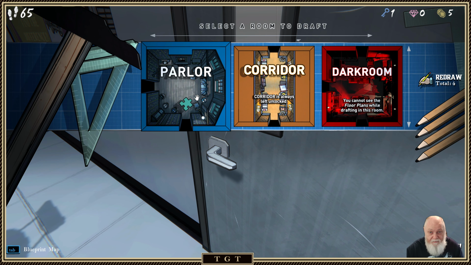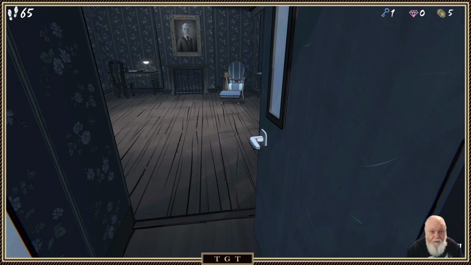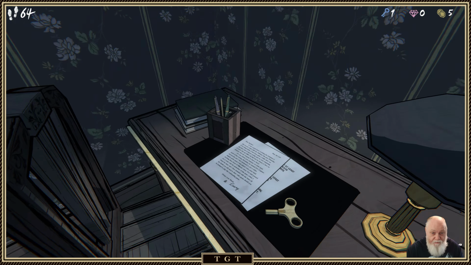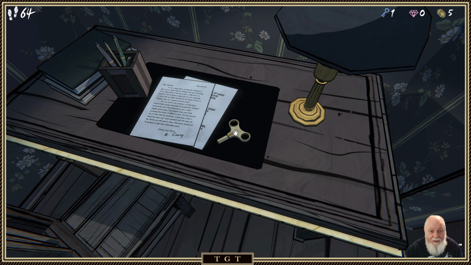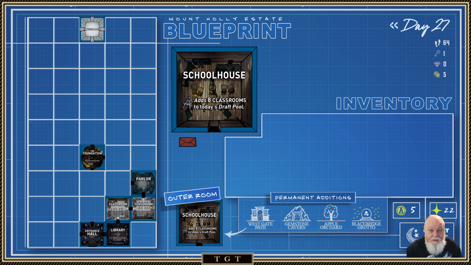Definitely need a parlor, because I definitely need more gems. Every classroom is going to cost me a gem right now unless I do something special. See, I was not able to do the hovel and the schoolhouse. Here's the deal. If I didn't do the schoolhouse, I wouldn't be seeing classrooms at all. To my recollection, classrooms do not appear in the draft pool for the estate at all unless I draft the schoolhouse first.